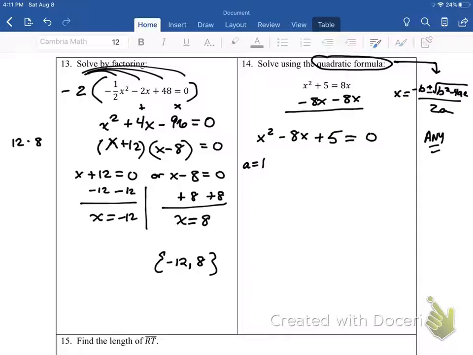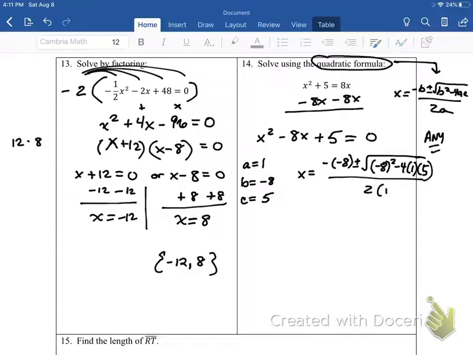That's 1x squared. The b, which is the number in front of x, is negative 8. The c, which is the constant, is 5. And that's going to look like this. X equals negative 8 plus or minus the square root of negative 8 squared minus 4 times 1 times 5, all over 2 times 1.